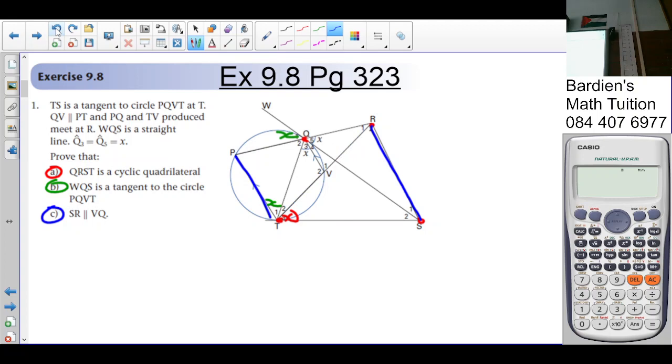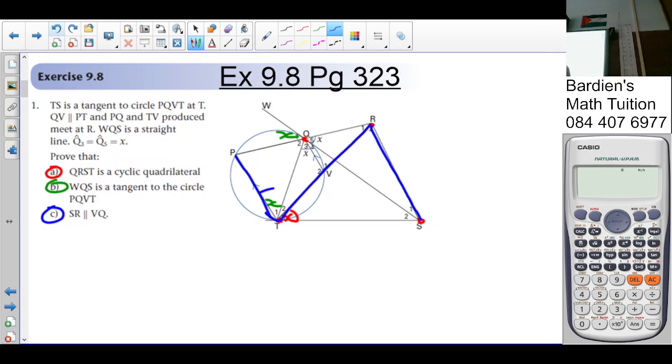The question says prove that SR is parallel to QV. If we can prove that PT is parallel to RS, then it's the same as saying RS is parallel to QV. I have alternate angles.